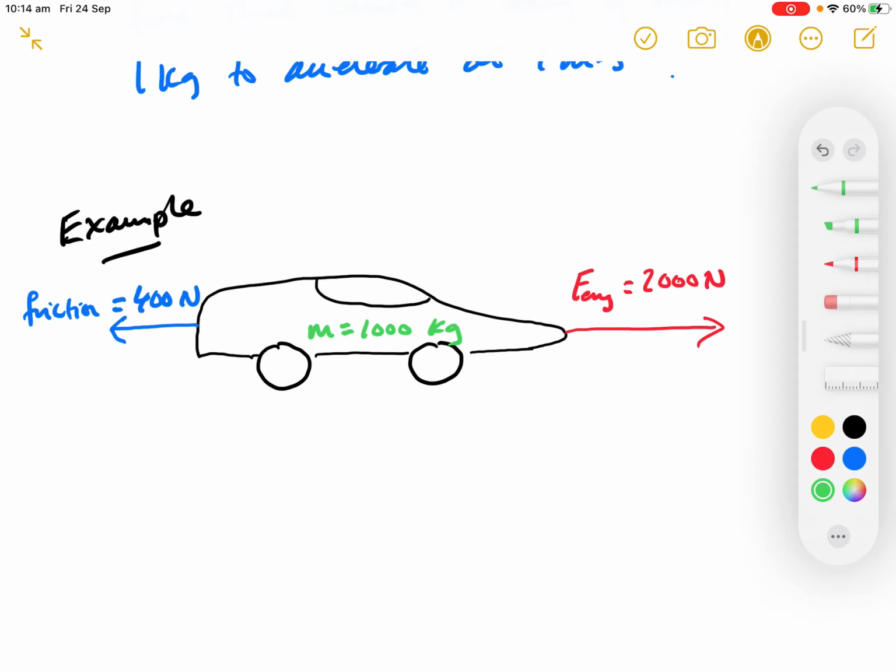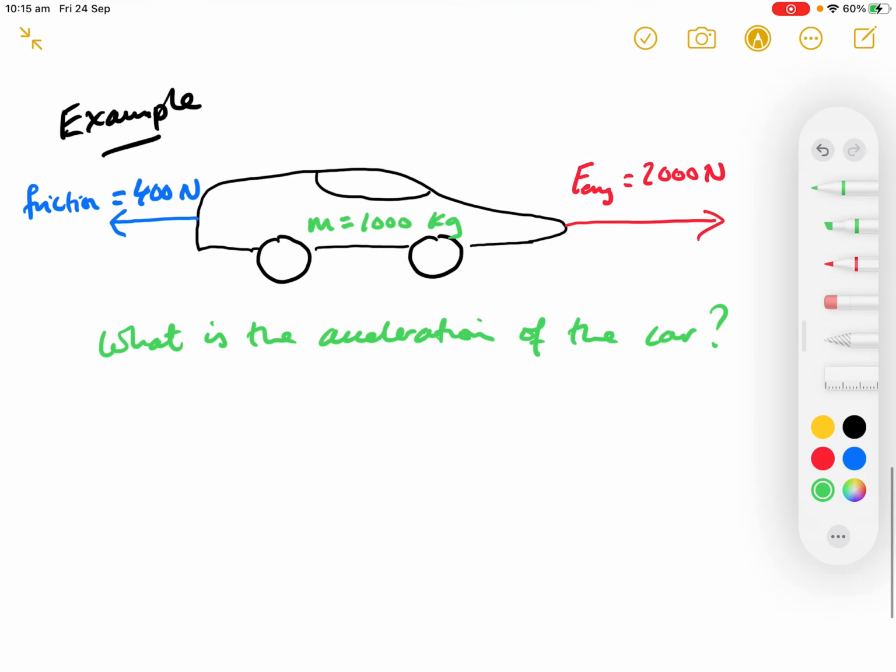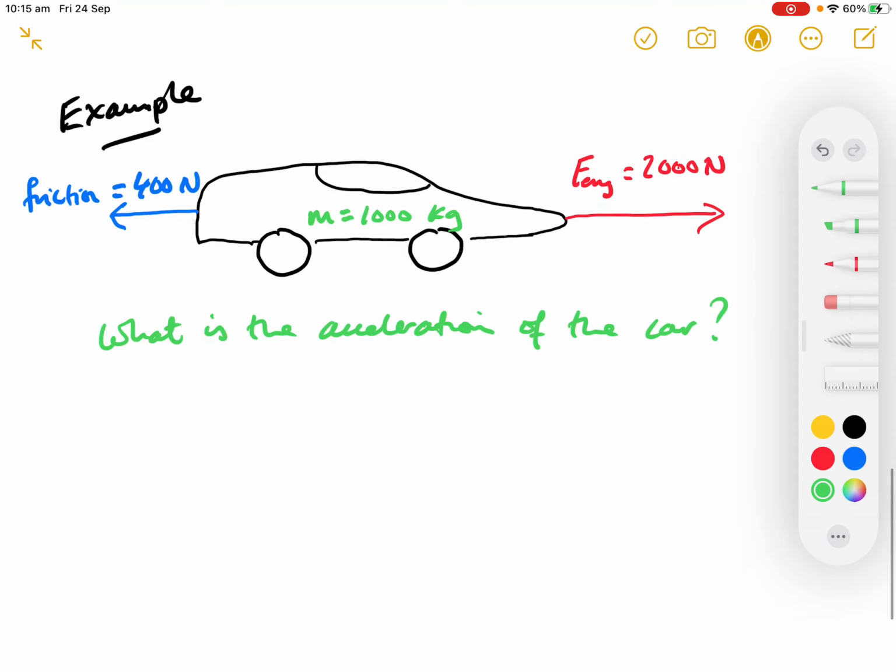and the question then is, what is the acceleration of the car? Okay, so fairly straightforward, but it's a good example to show you how you approach these problems, because there's a sort of standard way of doing them.